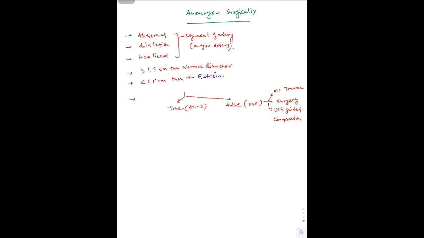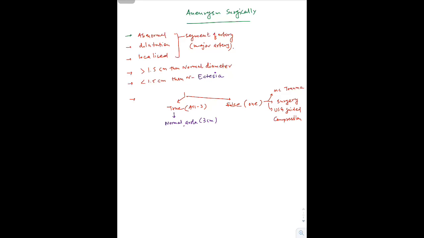The size of normal aorta is 3 centimeter. In some people it can vary. If the person is very tall and very thin, then the size of aorta will be accordingly. If the person is very obese, then also accordingly. But on an average the size of aorta is 3 centimeter.